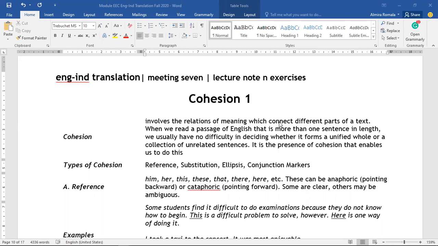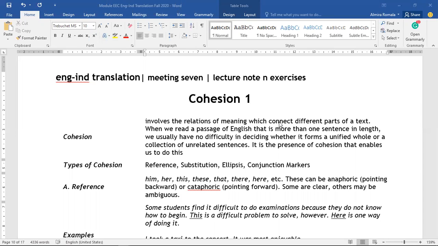So cohesion involves the relations of meaning which connect different parts of a text. Cohesion will unite the whole parts of a text. Therefore, the meaning will be clearly understandable and support each other.